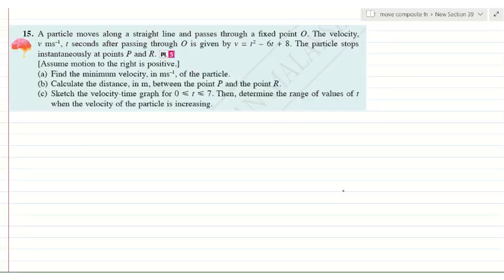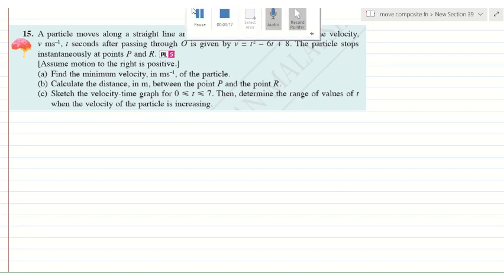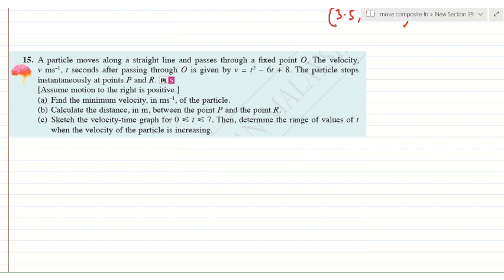Alright, here is question number 15, which is the last question in our textbook Form 5. A particle moves along a straight line and passes through a fixed point O. The velocity v meter per second, t second after passing through O, is given by v equal to t square minus 6t plus 8.